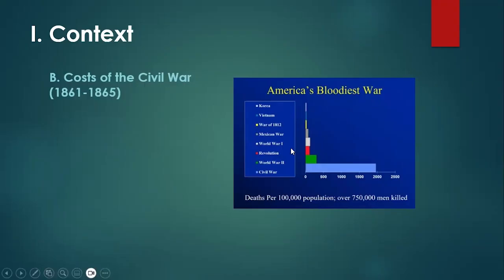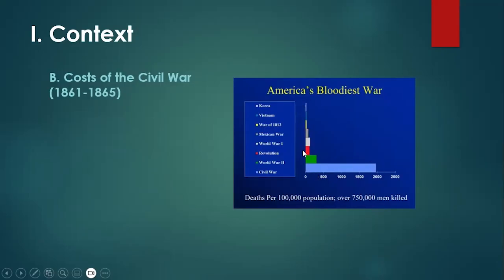So we can see here this chart shows American casualties in some prominent wars that the United States has been engaged in, such as the Korean War, the Vietnam War, War of 1812, Mexican War, American Revolution, World War II, and the Civil War here clearly outnumbers all of those.